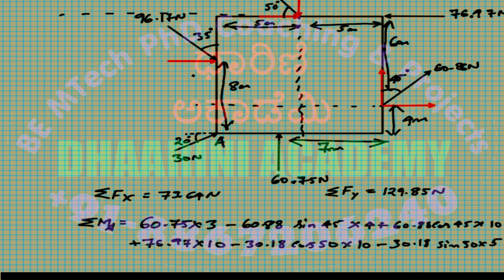It is acting to the right, so when I hold the point A, the plane is going to rotate in a clockwise fashion, which means negative. Minus 96.17, horizontal component is sine 35, into the shortest distance, 8.